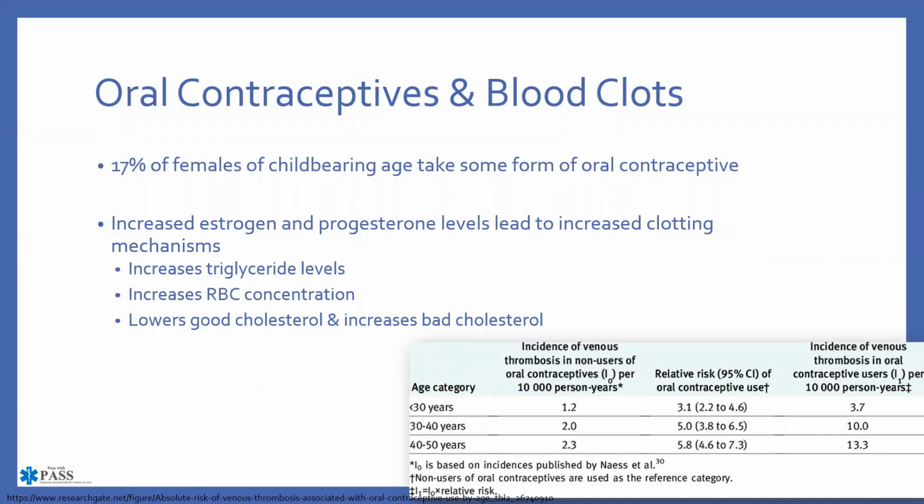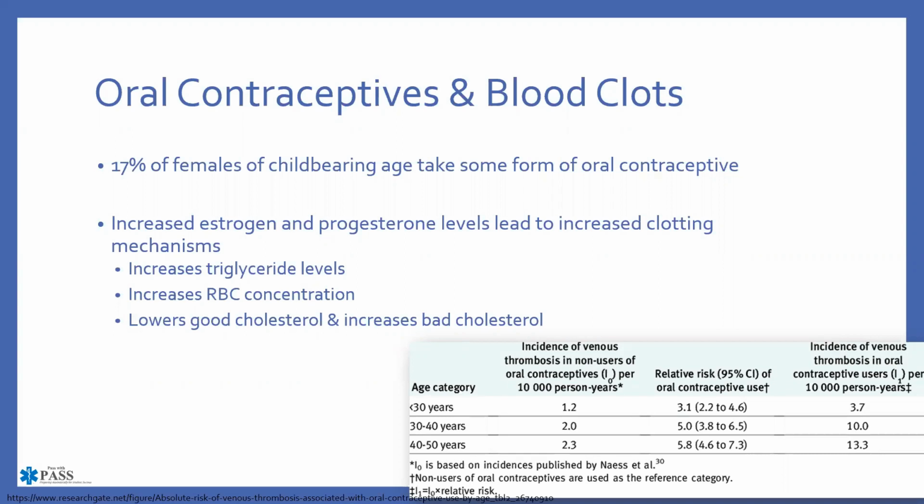About 17% of females of childbearing age take some form of oral contraceptive. This doesn't necessarily mean the patient is sexually active. A lot of times they do this to regulate menstrual bleeding, cramping, and pain that comes along from month to month.